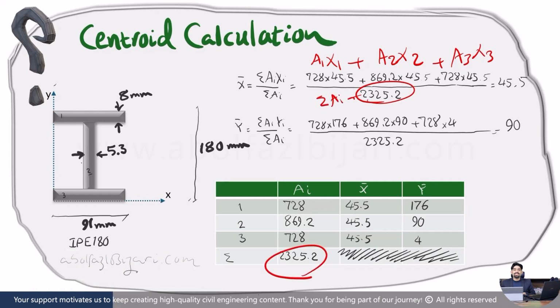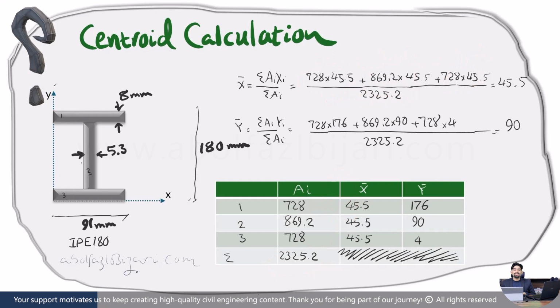Sigma Ai is here, and you can write A1 x1, A2 x2, A3 x3. Okay, you can write them. X is 45.5 millimeter.